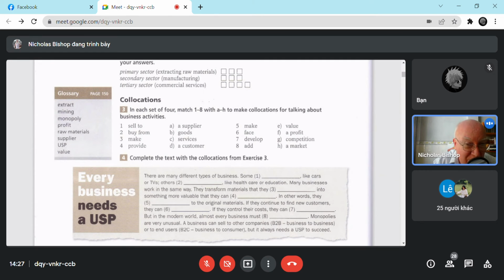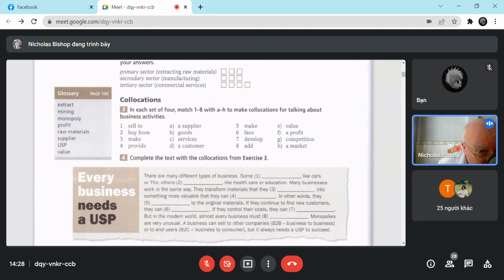That's an important idea. And so the last one, add. What do we add? We add value. Add value, yeah. And what does that mean? Remember the 3 sectors here.